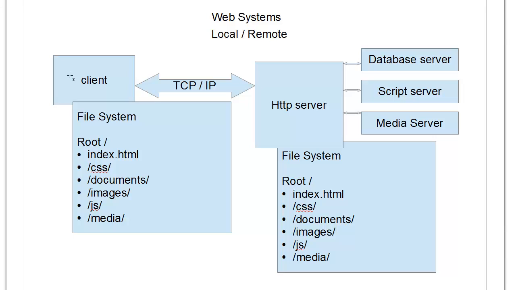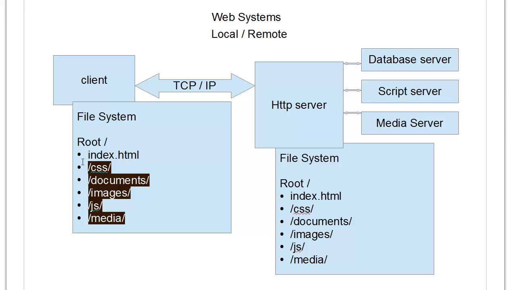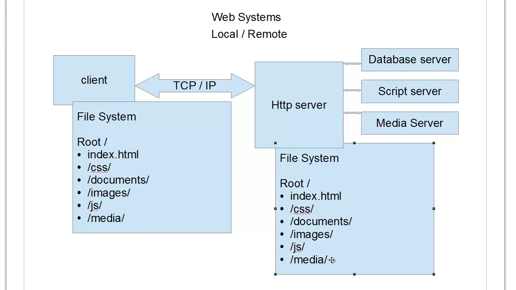So normally on your client machine, you are going to have a file system that is identical or close to the file system that represents the main content of your website. You're going to have a directory set aside that will serve as the root, and inside of that you will build the folders that will later be transferred into the HTTP server's file system at your root location.